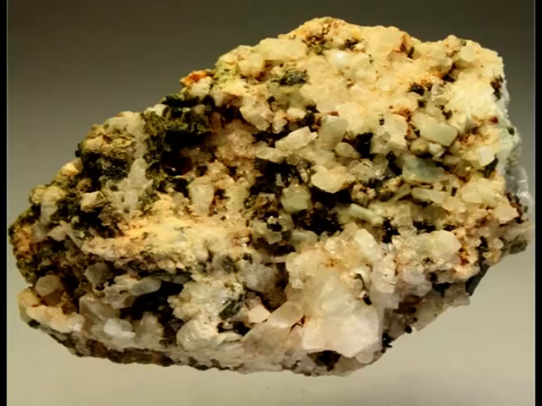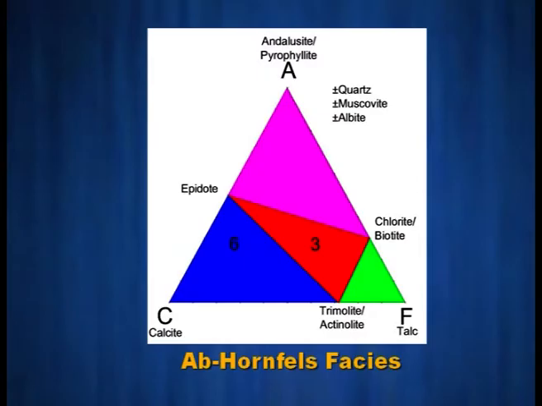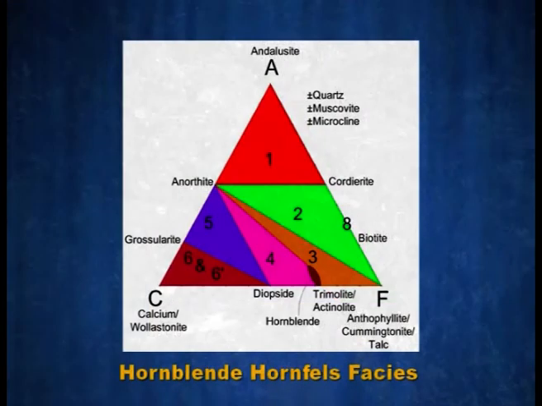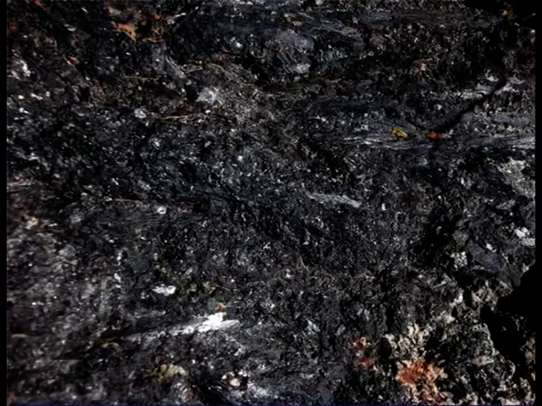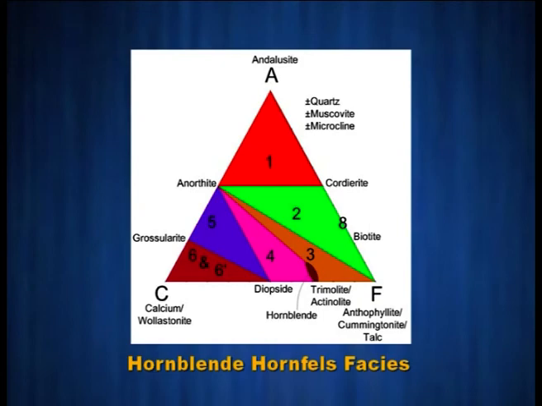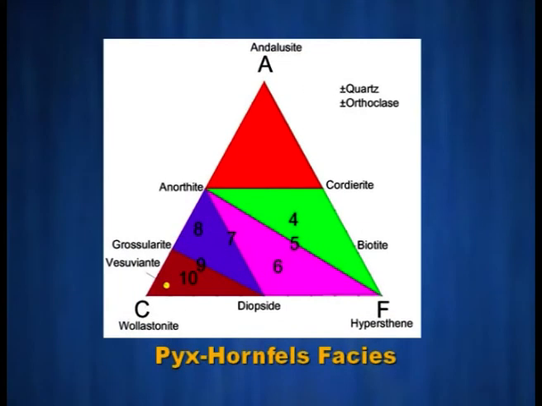The PT condition is important because on the basis of PT condition we can decipher how one facies is responsible with a minimum temperature and pressure and maximum temperature and pressure. Say for example, how the albite epidote hornfels facies changes into hornblende hornfels facies, and later how the hornblende hornfels facies changes into pyroxene hornfels facies.